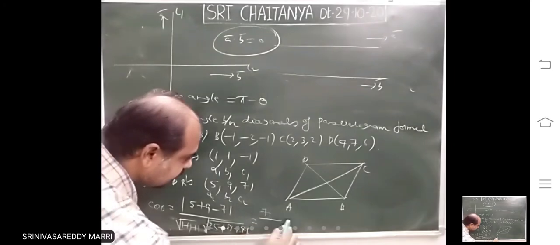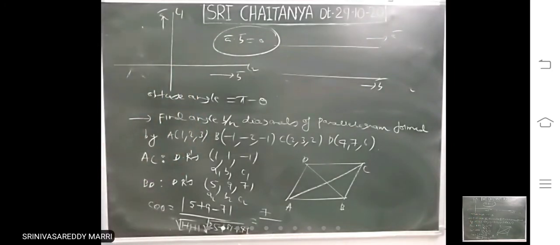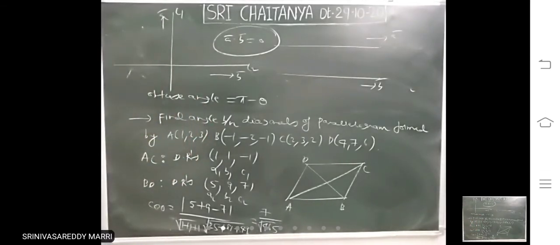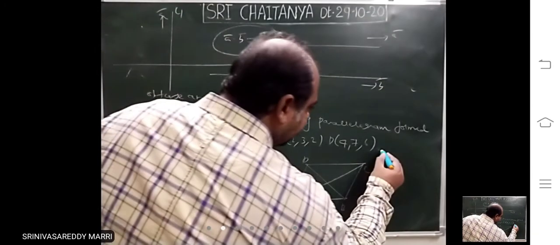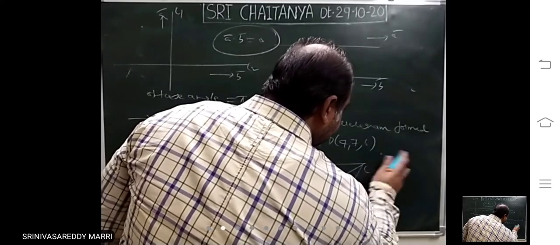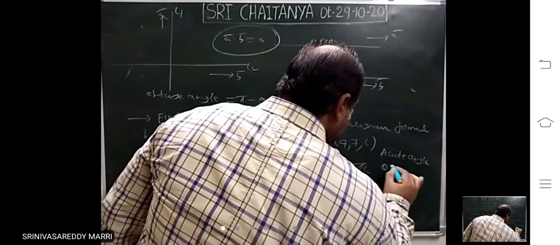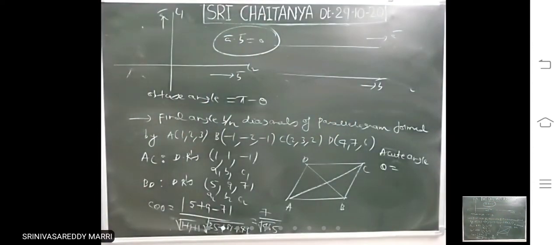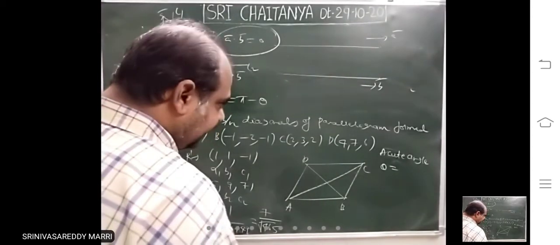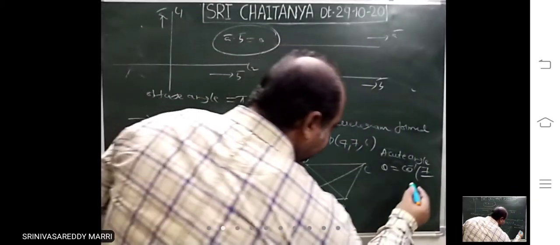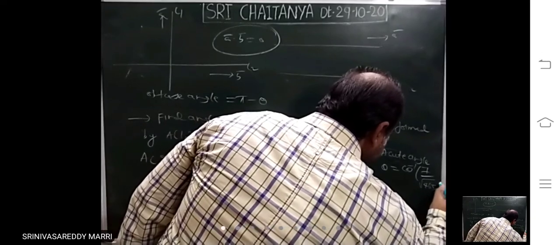So this comes out to be 7 divided by root of 465. That is the angle between AC and BD. We have calculated the acute angle: cos inverse of 7 divided by root of 465.